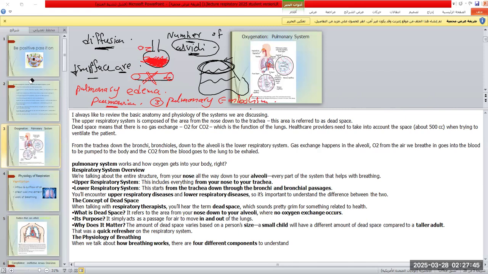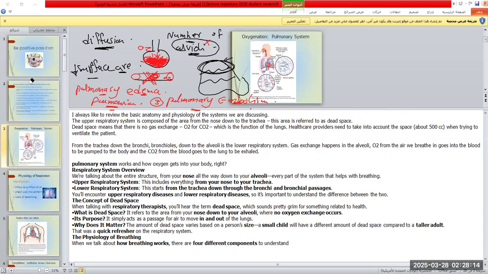First, decreased surface area, like a low number of alveoli. Second, something that interferes with diffusion, like water or fluid, as in pneumonia and pulmonary edema. Third, something in our blood vessels, like pulmonary embolism, which means there is a thrombus that blocks our pulmonary vessels. Okay?